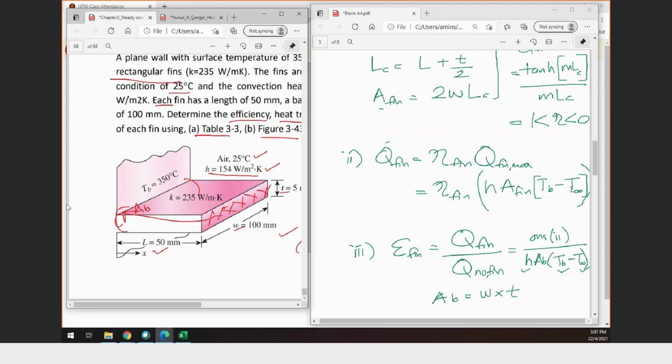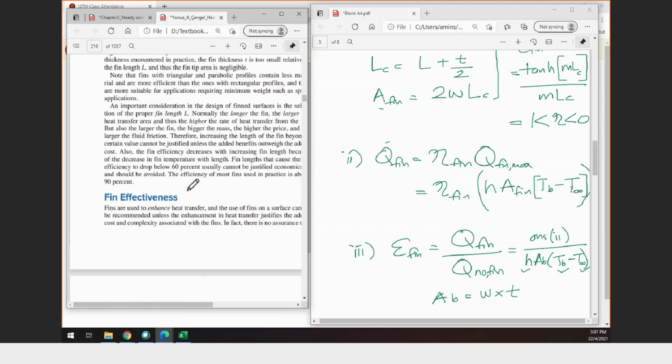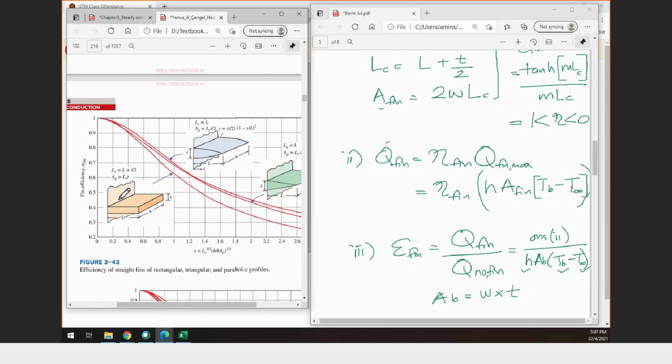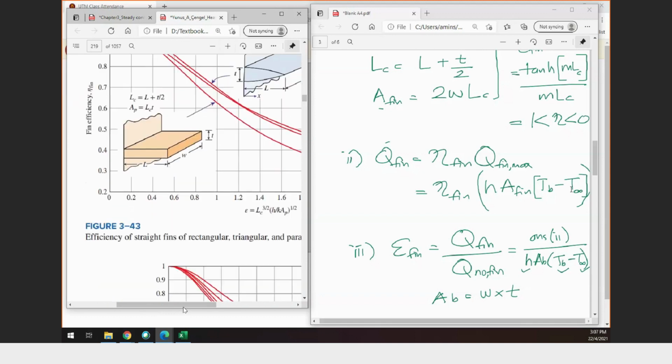Okay, then you can compare your answer when you calculate using the figure 3.43. Okay, meaning for the 3.43, you see this shape. I don't know whether it is clear or not, because I'm using two windows here. Hopefully you can see quite clear.